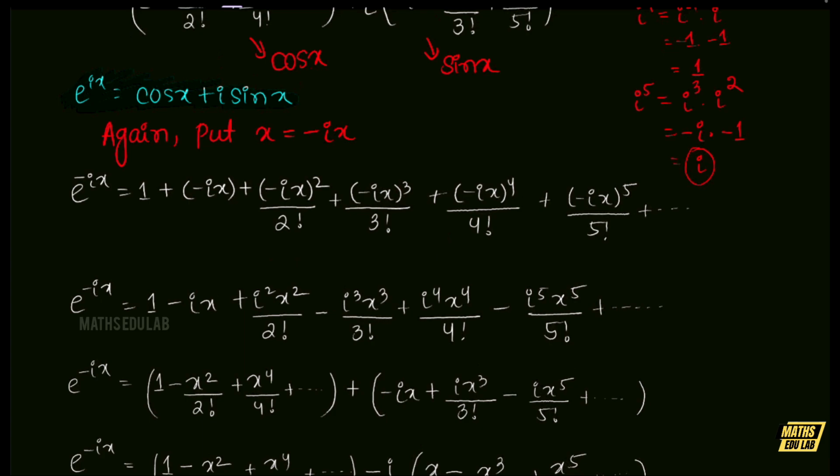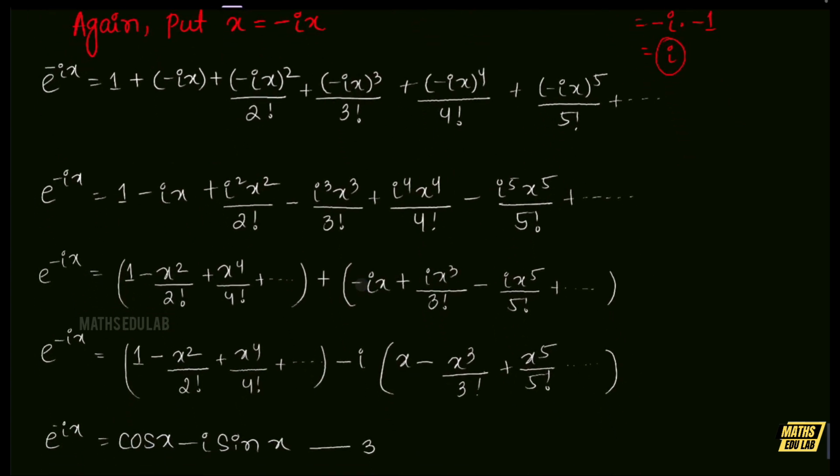Then after writing this, I multiplied the power values in the individual terms. That means e to the power of minus ix is equal to 1, plus minus ix, then i square: minus i squared, which is equal to i square only.